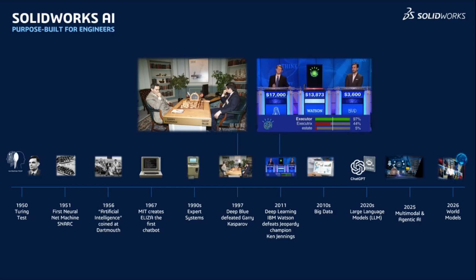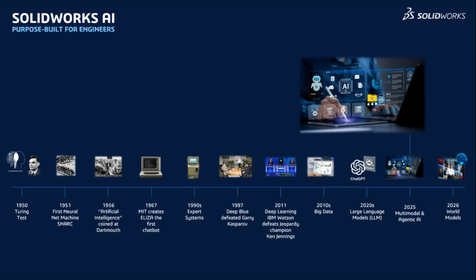But the real shift came in the last few years. With the rise of ChatGPT and large language models, AI became very accessible in a whole new way. Since then it has accelerated quickly, especially with multimodal and agentic systems that can generate content and assist in real workflows.